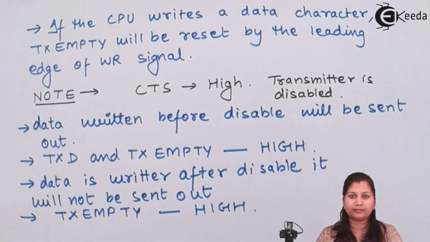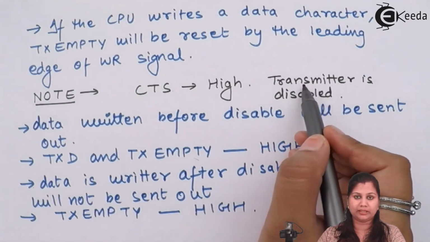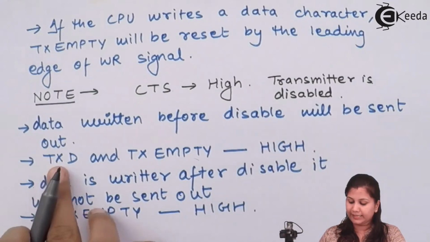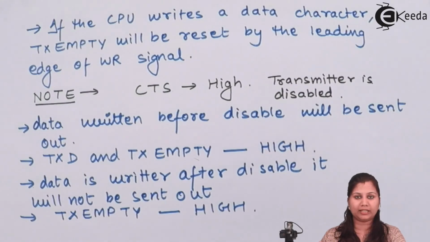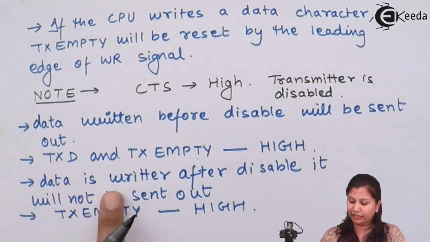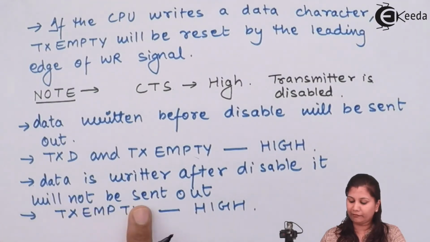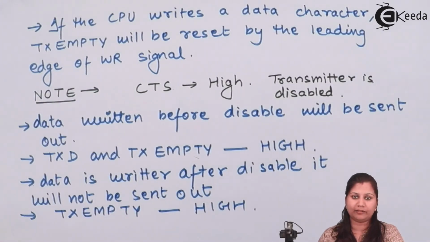So with this disabling of the transmitter, if data is written before that disabling, the data will be sent out, and TXMT will be at the high position. If data is written after disabling of the transmitter, then that data will not be sent out, but the TXMT is still at the high level.